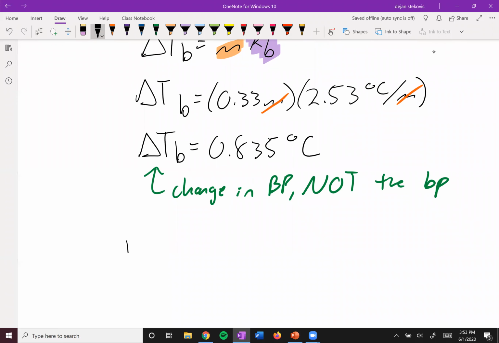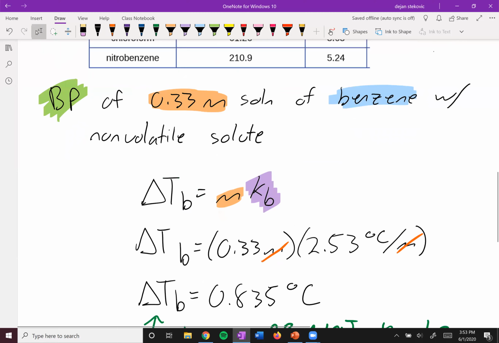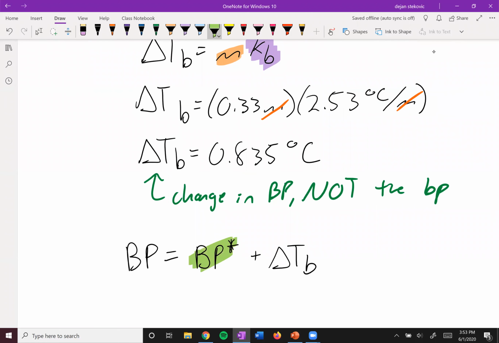So remember, this is change in boiling point. So if we really want to find our new boiling point, we have to take the boiling point of our pure stuff and then add to that our change, right? So that'll get us where we want to go. So we'll plug in this 80.1 for the pure stuff, and then this 0.835 for the change. The reason we do addition is because it's boiling point elevation, right?